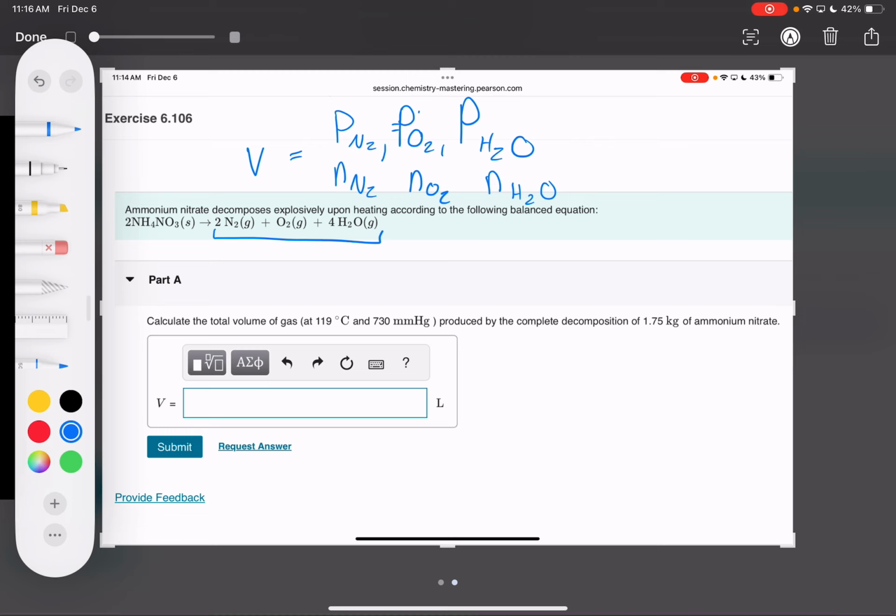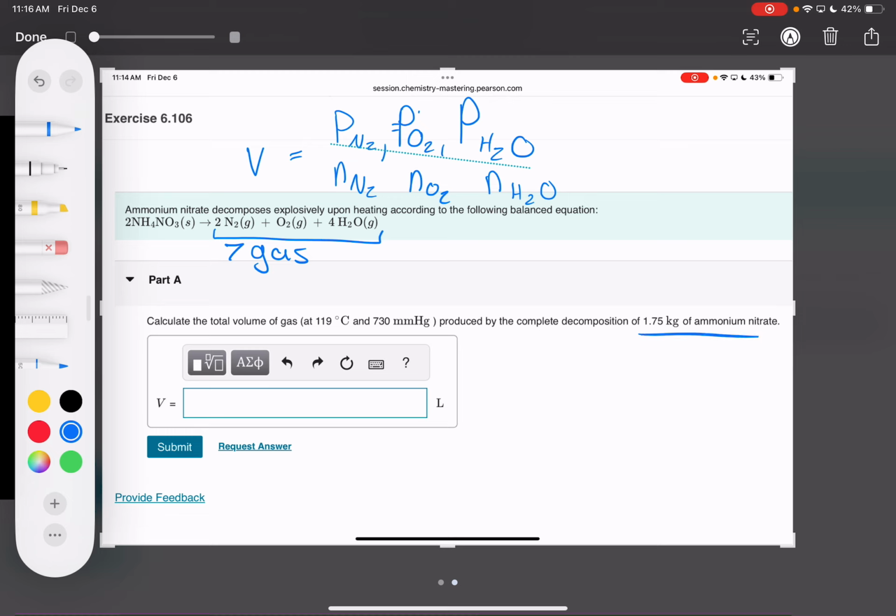So I'm going to rewrite this equation and just say 7 moles of gas. Okay, so there's 2 nitrogen, 1 oxygen, and 4 water. I'm just using those coefficients. So there's 7 total moles of gas.